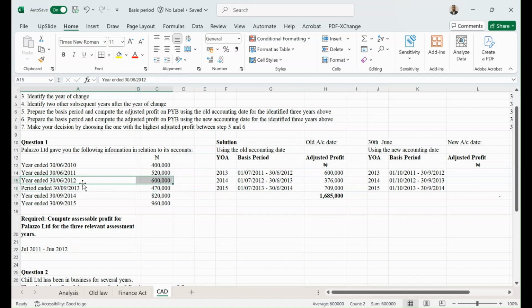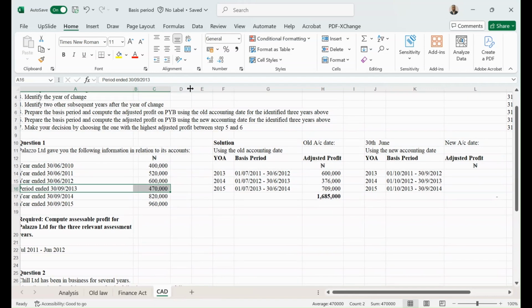And that means that the remaining 3 months that I'll be looking for, which are July 2012, August 2012, and September 2012, will be found in this 470,000 that represents a 15-month period.